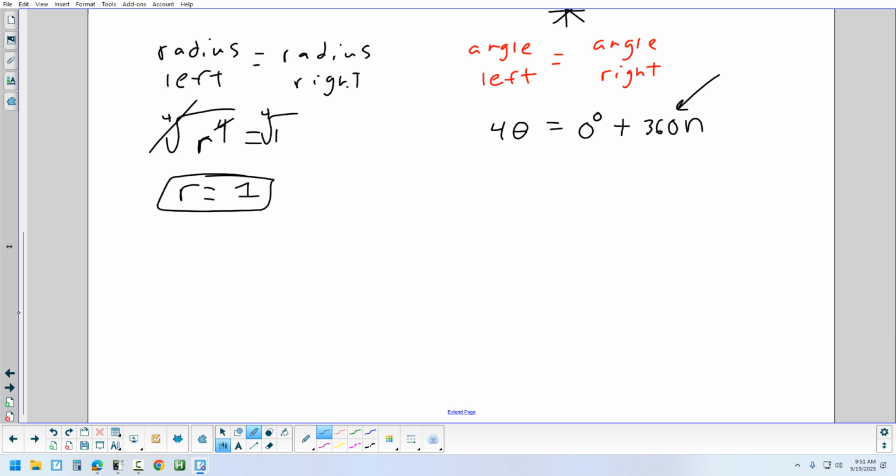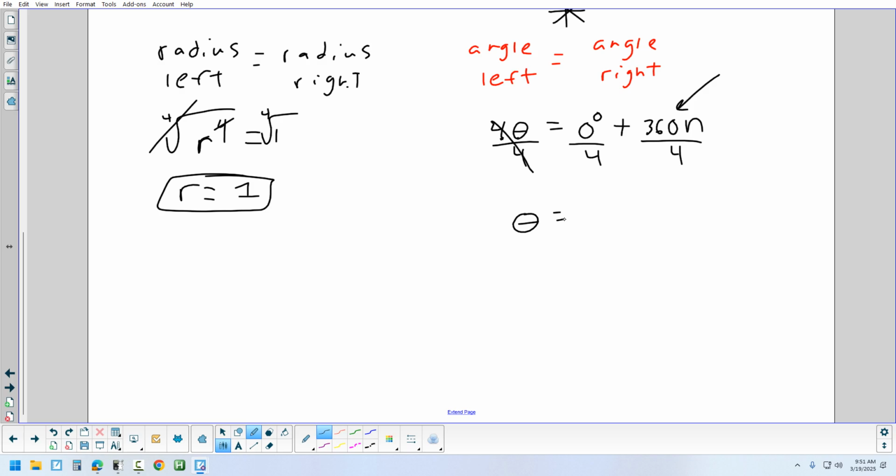So for this one, we need to solve this for theta. How would I get rid of that 4? Yep. Dividing both sides by 4. What's 0 divided by 4? 0. So we don't need that part.